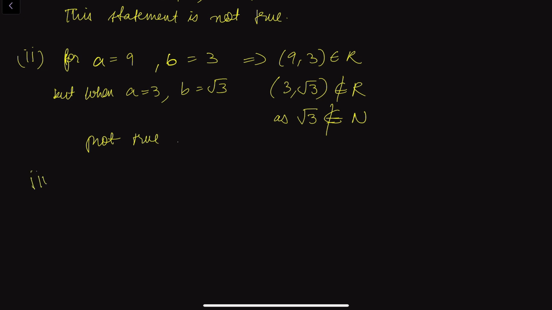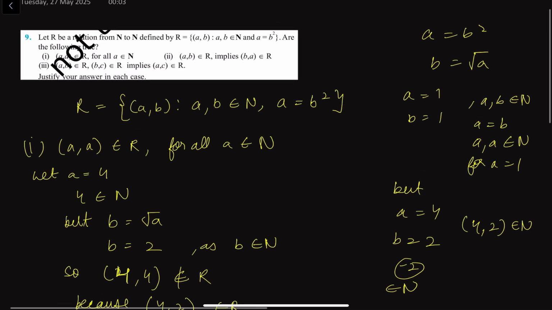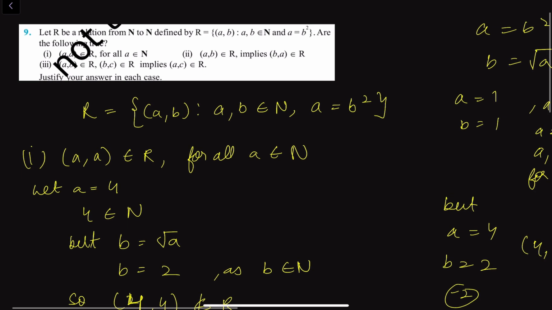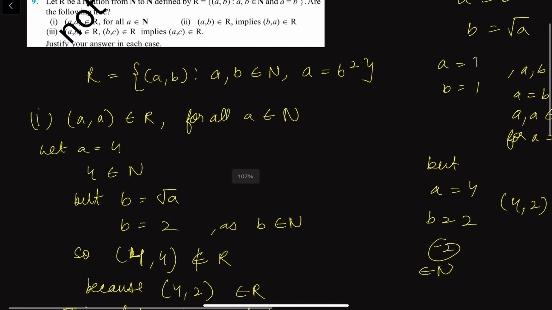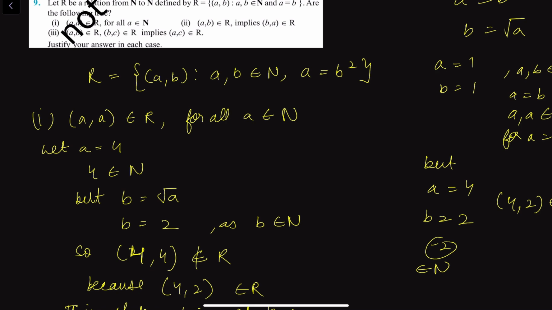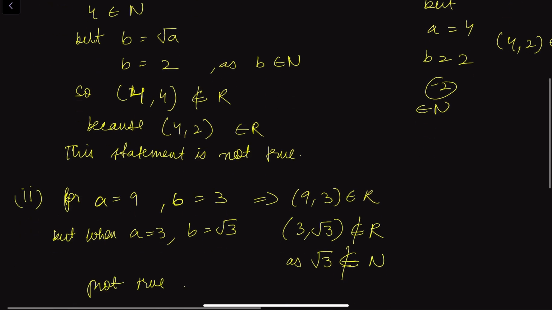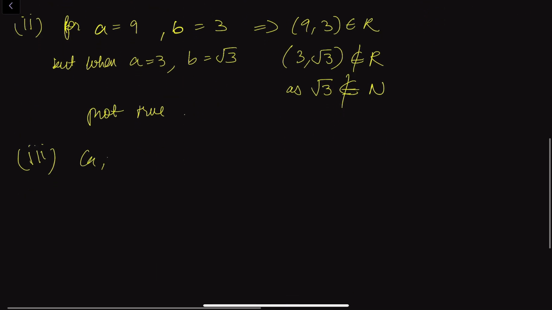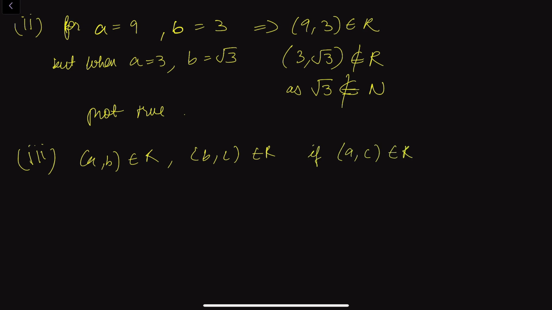Then moving on to the third statement. In the third statement they have said that (a, b) belongs to R and (b, c) belongs to R. Does this imply that (a, c) will belong to R? Let's see. We are given that (a, b) belongs to R and (b, c) belongs to R. Then we have to check if (a, c) belongs to R. Let's again take an example.